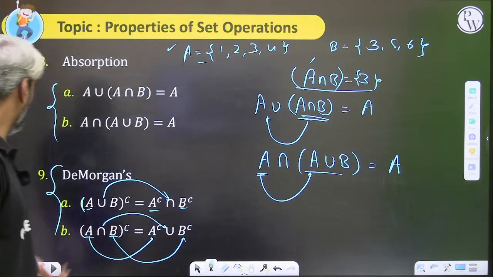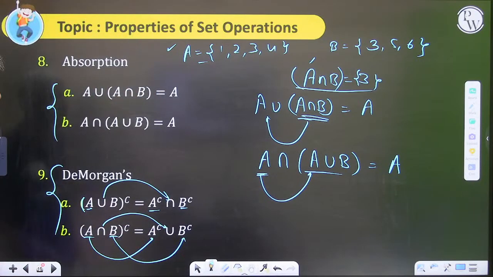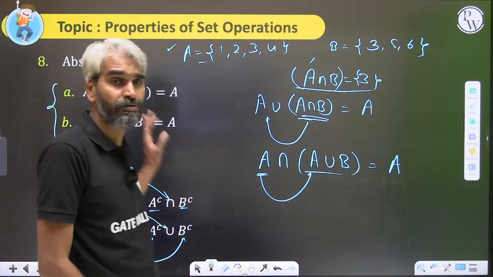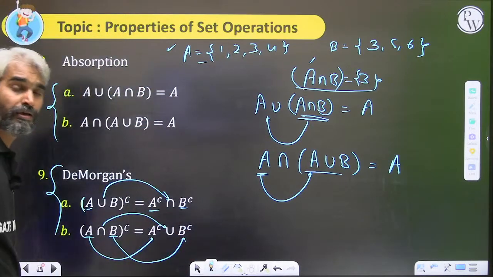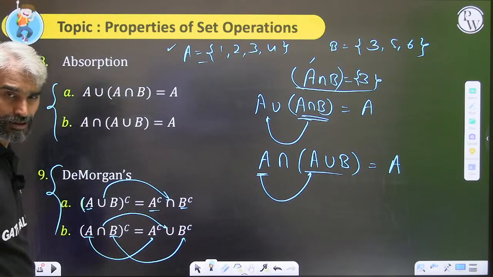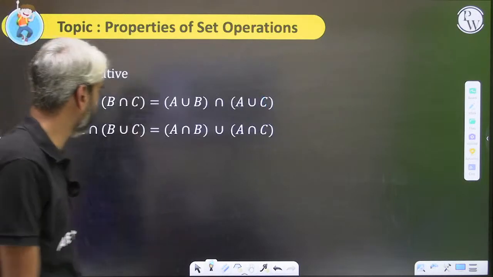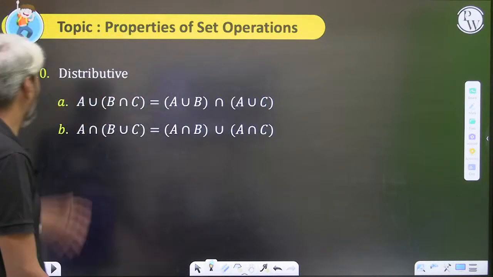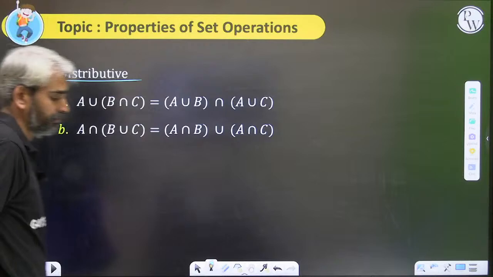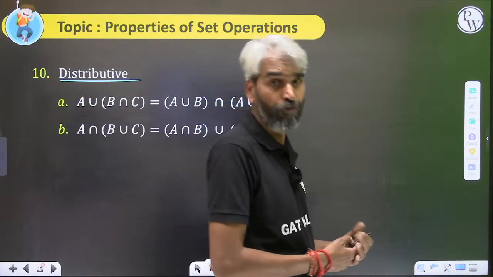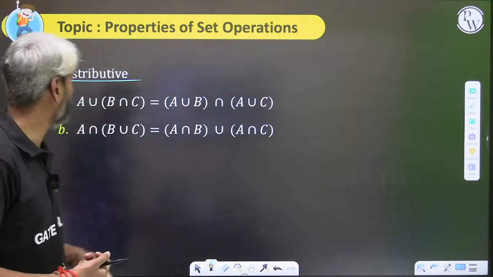You all know this concept from digital logic also, because we use all these rules in Boolean algebra. The same distributive property is also valid for Boolean algebra. What is the distributive property?